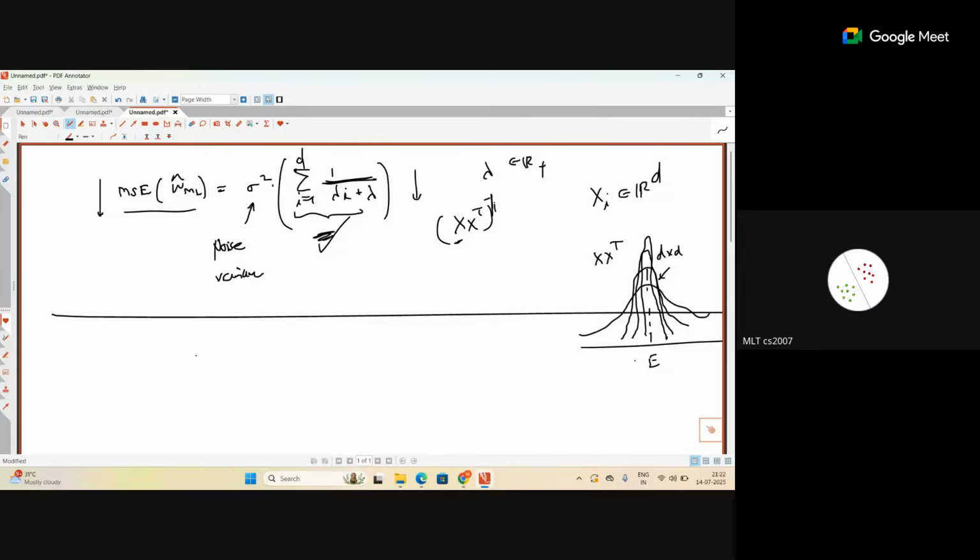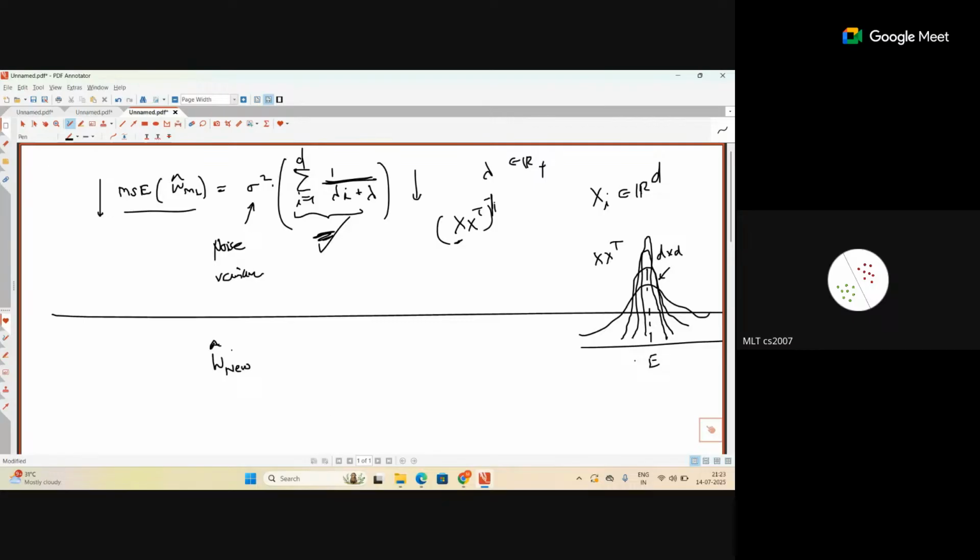So now let us think about another estimator. I am using the same notations which sir has used, so as not to confuse you.